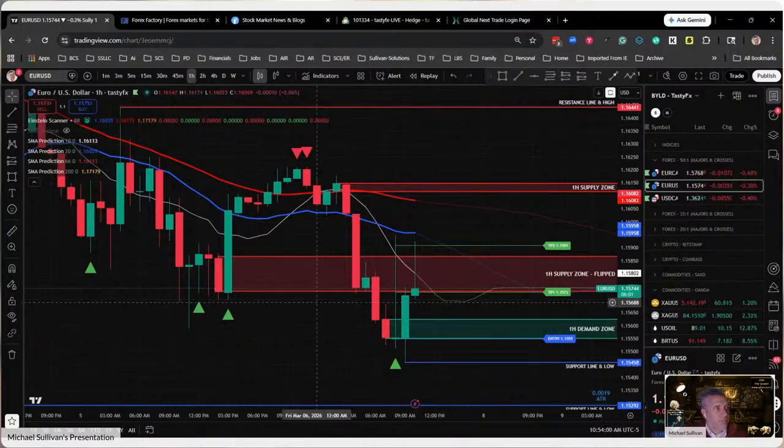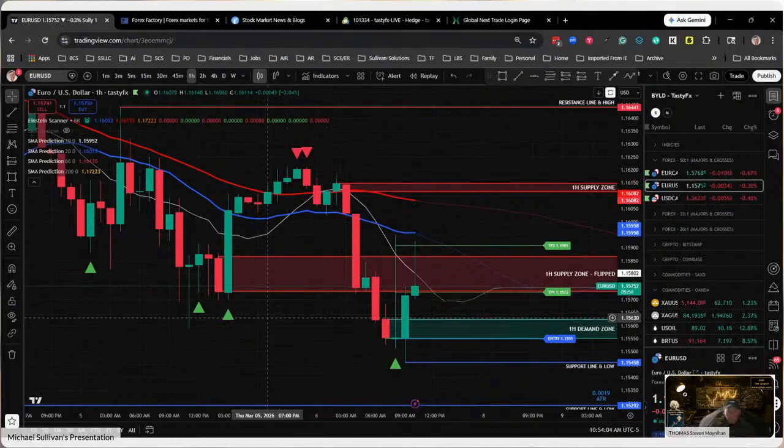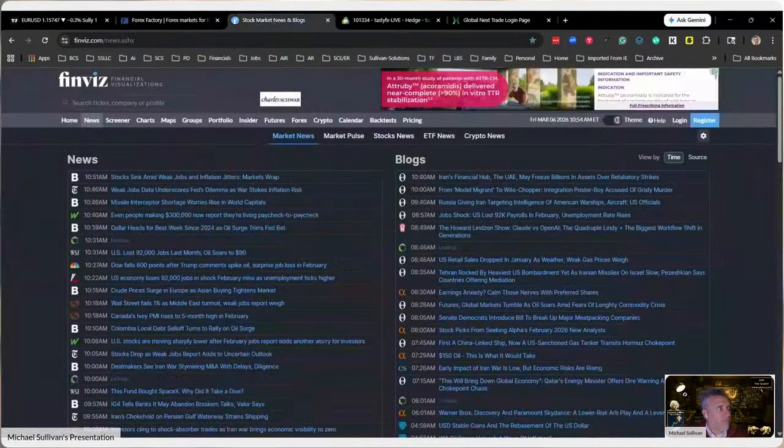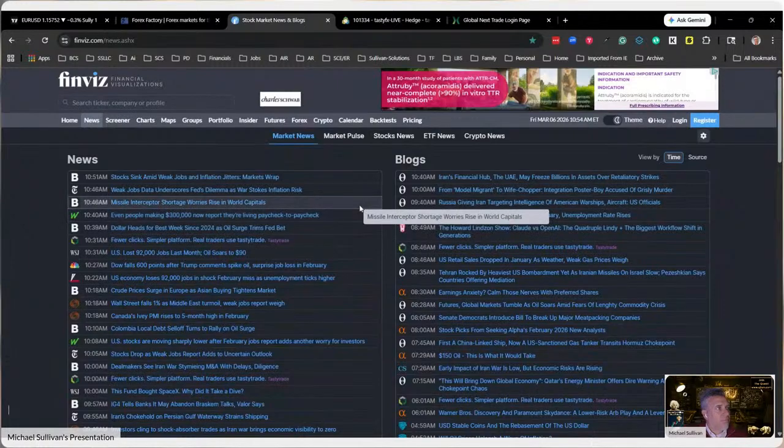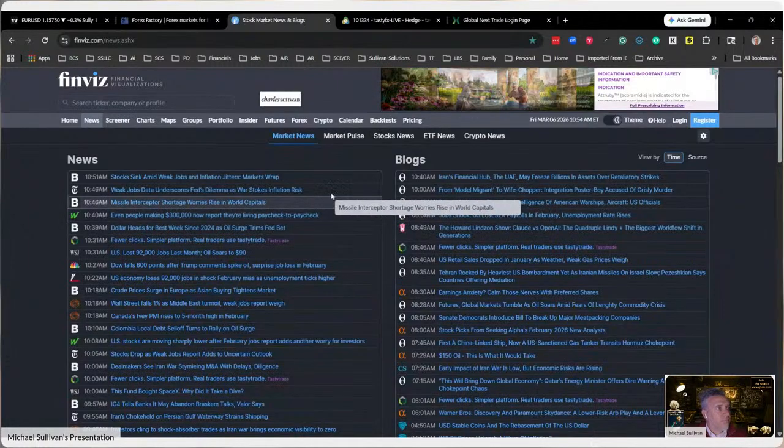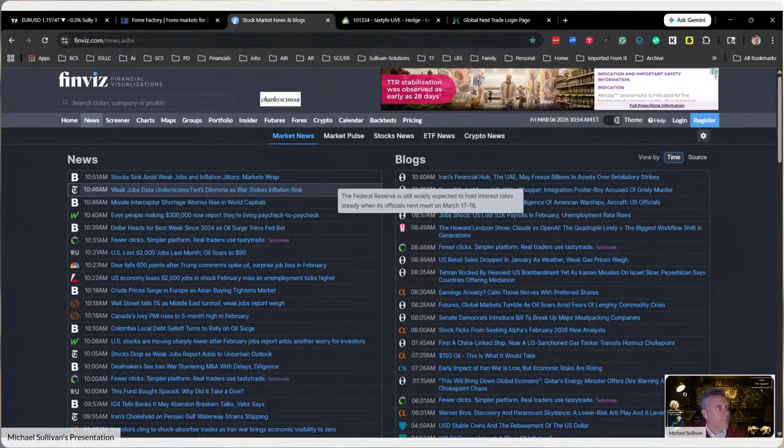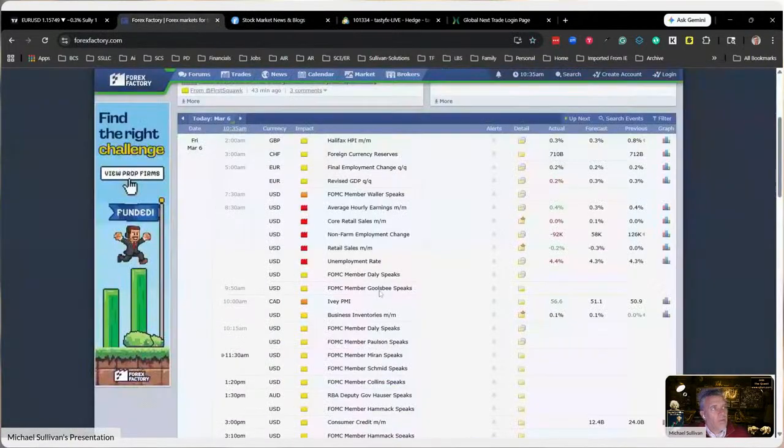There's been some great movement on Euro USD today. Also, in terms of news, I saw you were talking about FinViz. If we look at the red folders, average hourly earnings are slightly up. The previous was 0.4, we're still at 0.4, the forecast was 0.3, so it's pretty much on par.